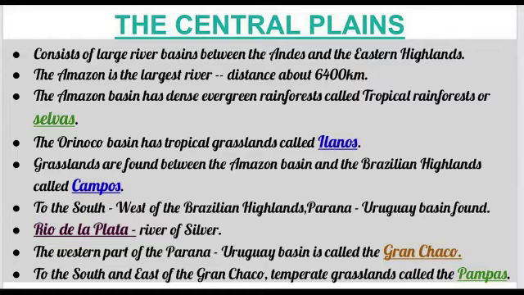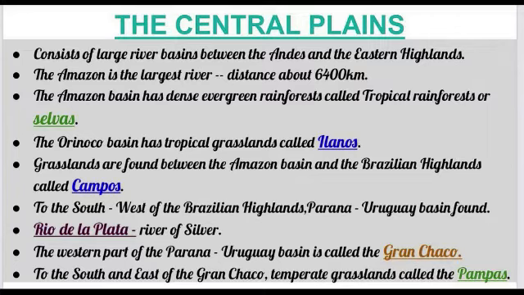Next one, to the southwest of the Brazilian highland, the Parana-Uruguay basin is found. This basin consists of three important rivers, Parana, Paraguay and Uruguay. These three rivers empty into an expanse of water called the Rio de la Plata.